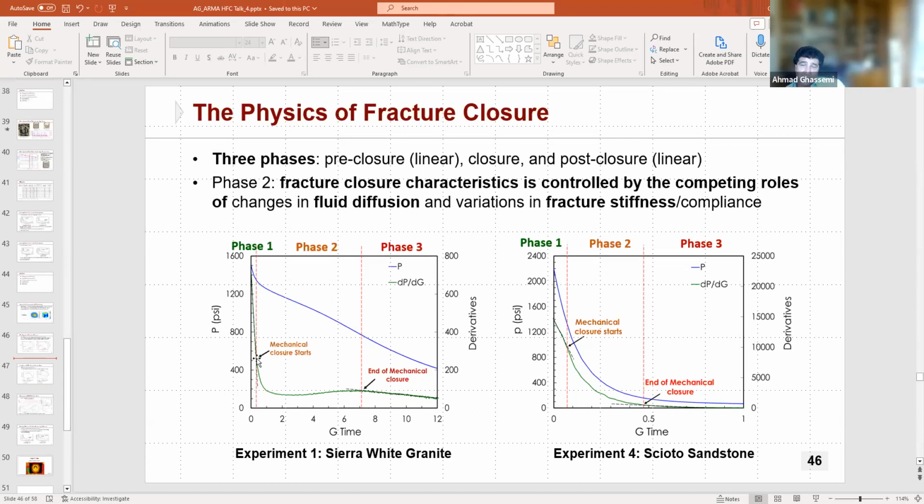But clearly this is a transition point, and that transition point to us represents a change in the way the fracture is closing. And maybe that phase one is actually what you just described. But we need additional work to iron out some of these wrinkles in the process. But thank you. That's a very nice point and good question.